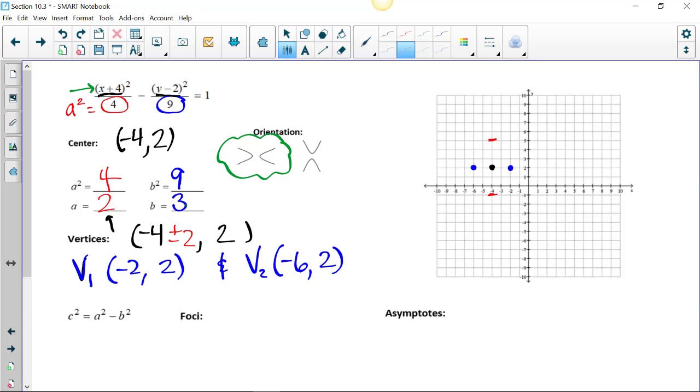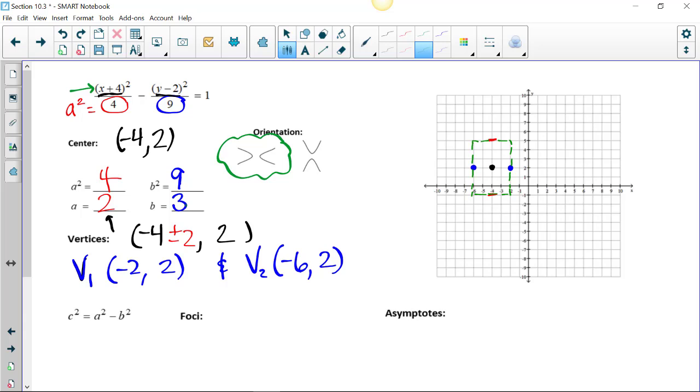Okay, so now I can see that my rectangle is going to have a width of 4 and a height of 6. So I'm going to draw in my rectangle so that it is dashed. Oops, missed. So then I can draw the asymptotes and get some nice looking curves.